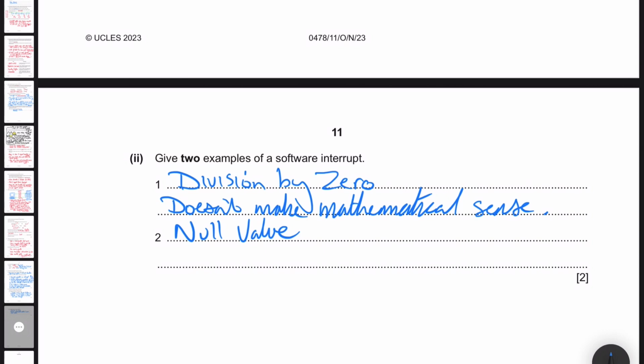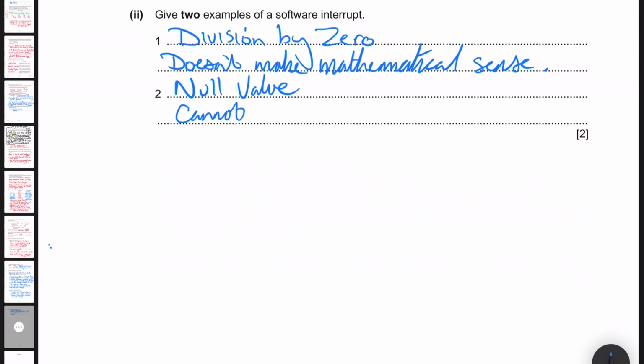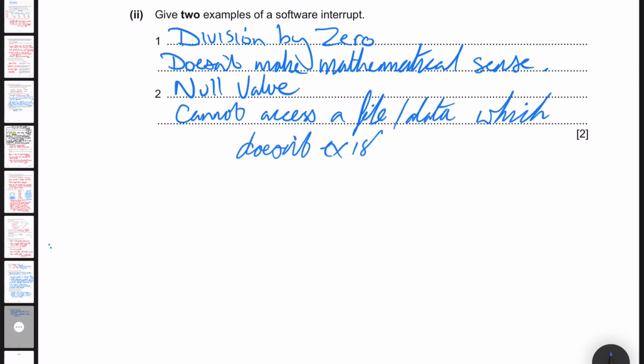When a program tries to do something with null data, like trying to use a book that isn't on the shelf, it doesn't work. This triggers an interrupt to say, whoa, wait a minute, you can't use something that doesn't exist. Cannot access a file or data which doesn't exist. Okay, so there's a couple, null value and division by zero. I don't know where that is in the book, but hey ho.